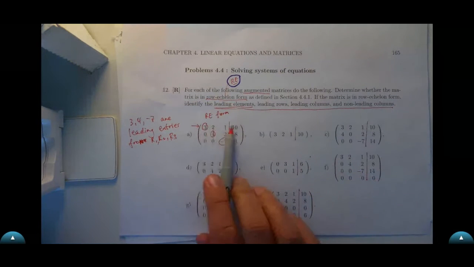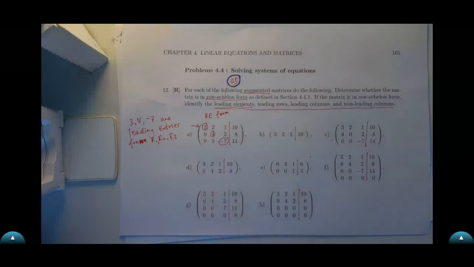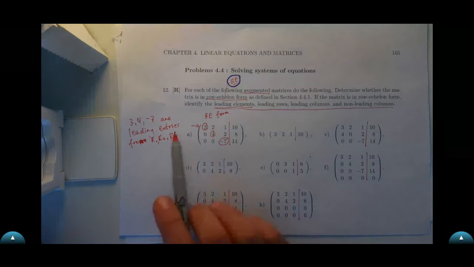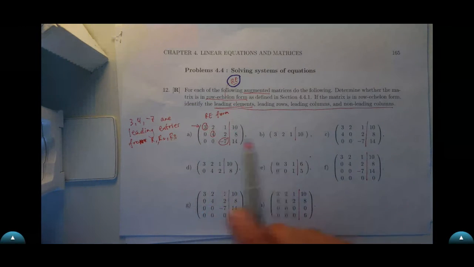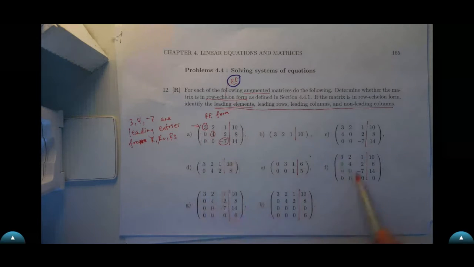So we go along the row until we find a non-zero entry and we circle it. That'll be our leading entries. Okay, so are there any non-zero rows? Well, that one is, that one is, that one is. There's nothing like this.